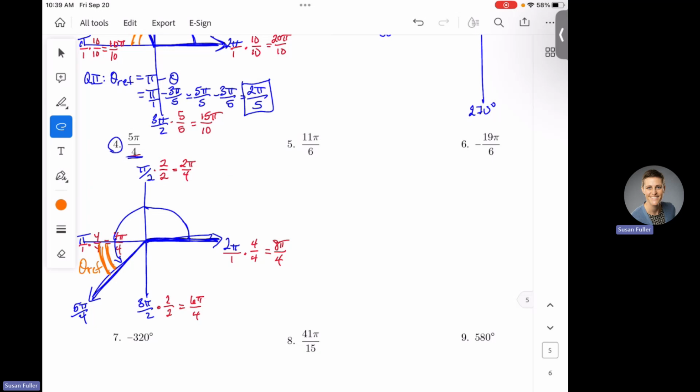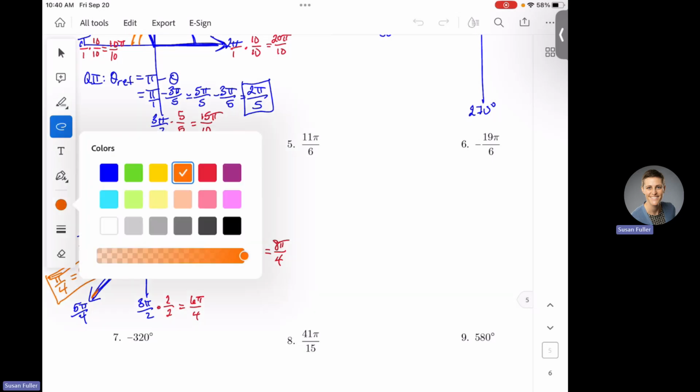Since we've already graphed it, my theta ref is the space between 4 pi over 4 up here and 5 pi over 4 down here. The amount of space between 4 pi over 4 and 5 pi over 4 is 1 pi over 4. That is my reference angle.